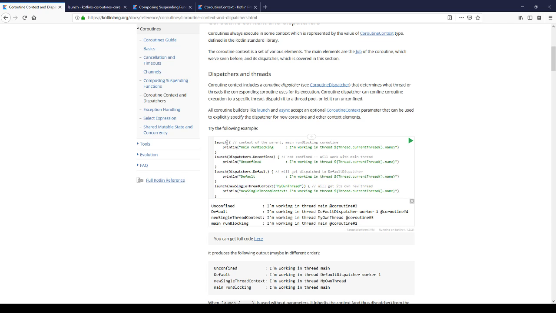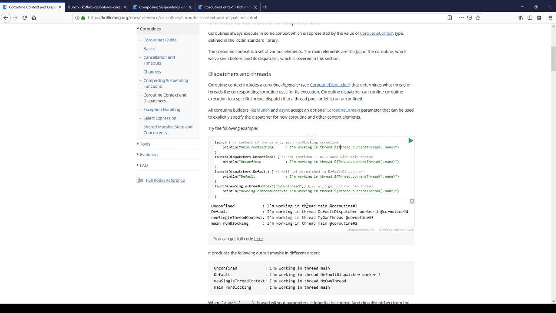So probably because everything is in runBlocking. Wait. So this is dispatched to the runBlocking coroutine, and there's Thread.currentThread. This makes things a lot clearer to me, at least.